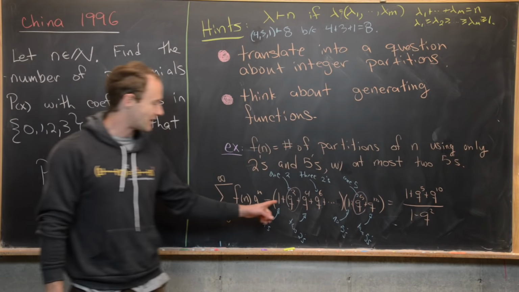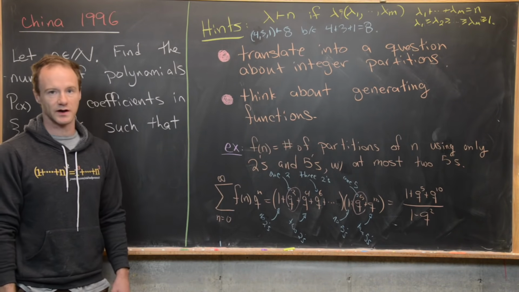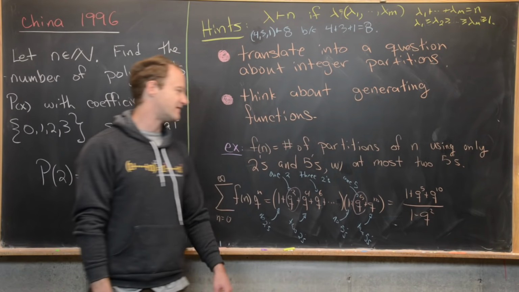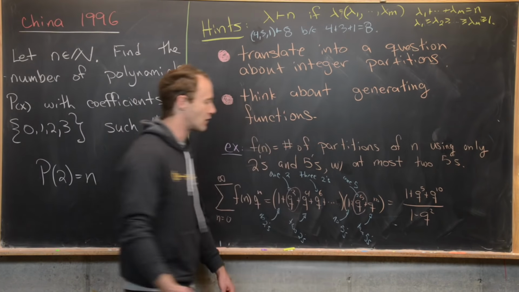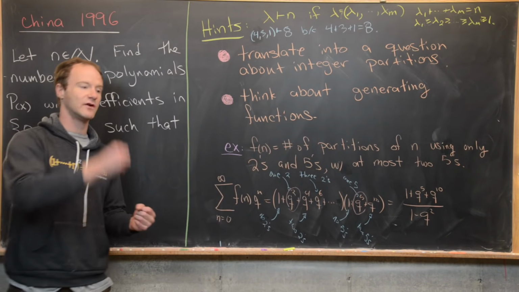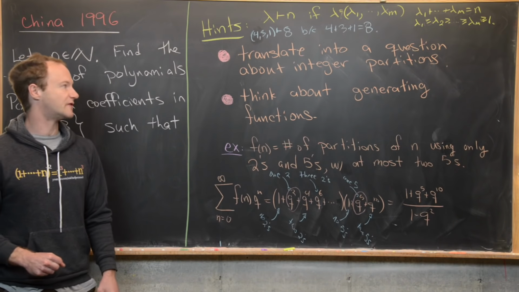I want to point out that this first thing is an infinite sum because we're allowing as many 2's as we want. But the second thing is a finite sum because we have at most 2 5's. So we go up to q to the 5 quantity squared, which would correspond to a partition using 2 5's.